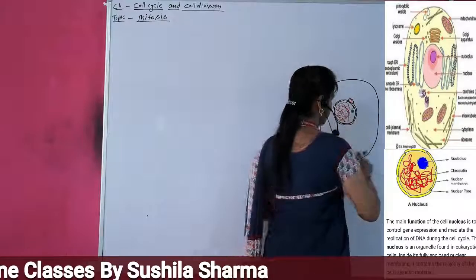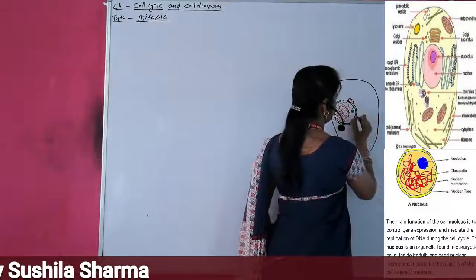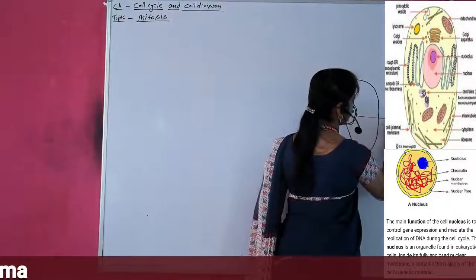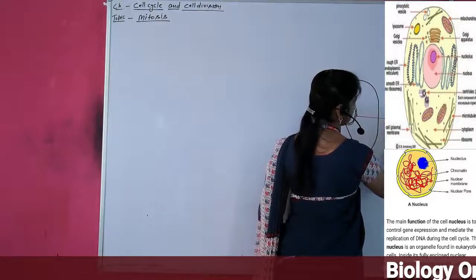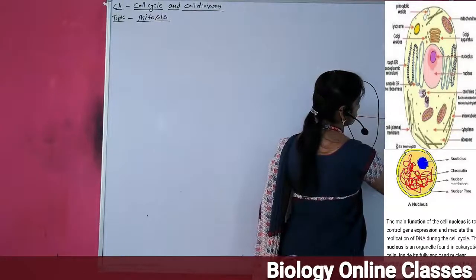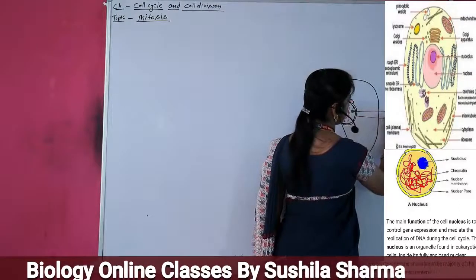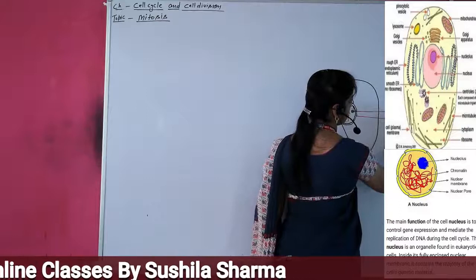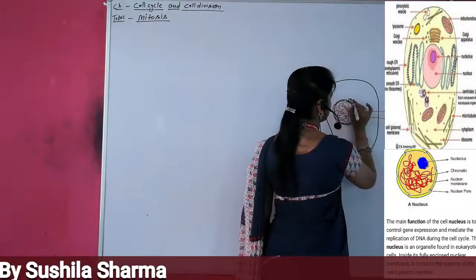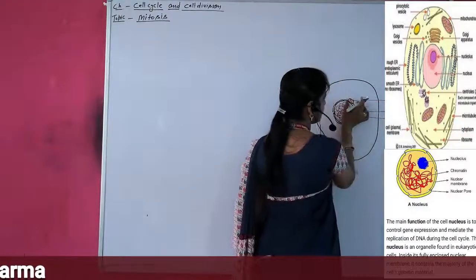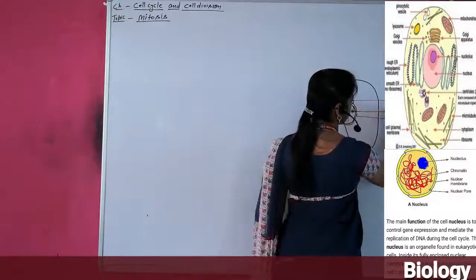The outer structure is called the nuclear membrane. And this spherical shaped structure is called the nucleolus. This spherical structure which is present near the nuclear envelope is called the centriole.